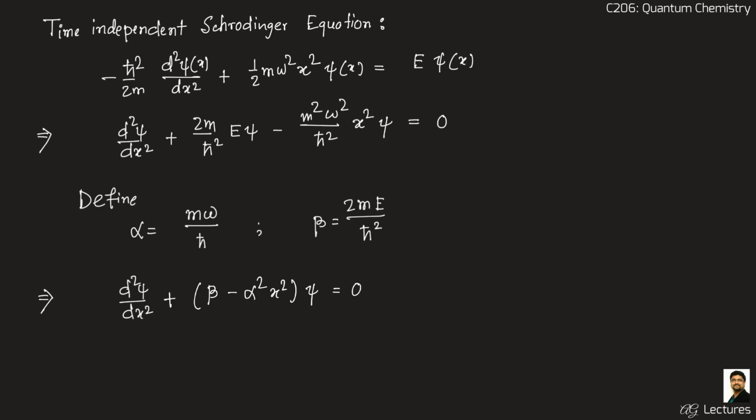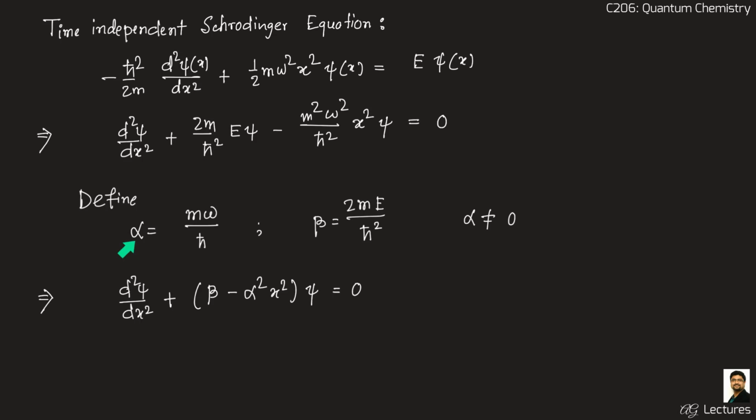So this equation takes this concise form using these quantities alpha and beta, and we'll be using certain properties of alpha and beta later. For example, I'll be using the fact that alpha can never be equal to 0, because alpha 0 directly means that our omega is 0, because m is a constant, h bar is a constant.